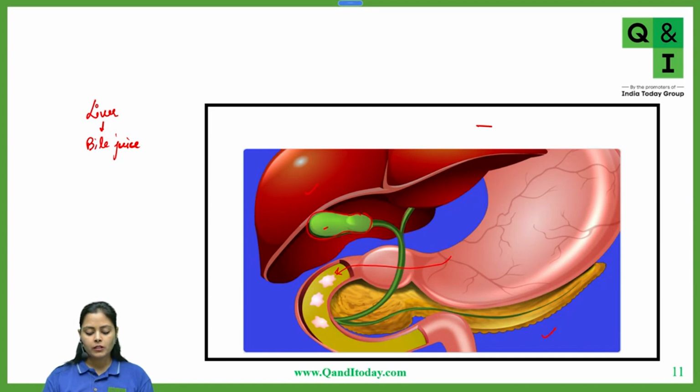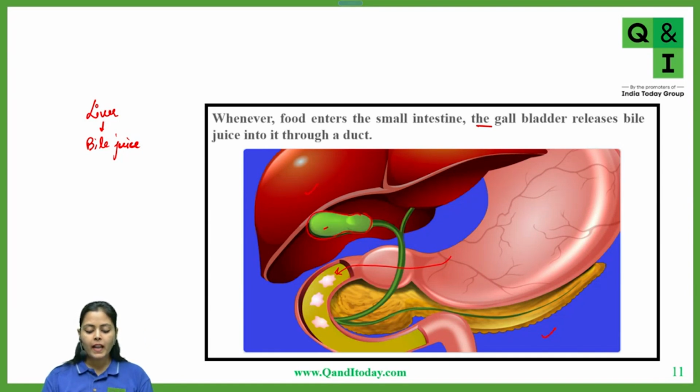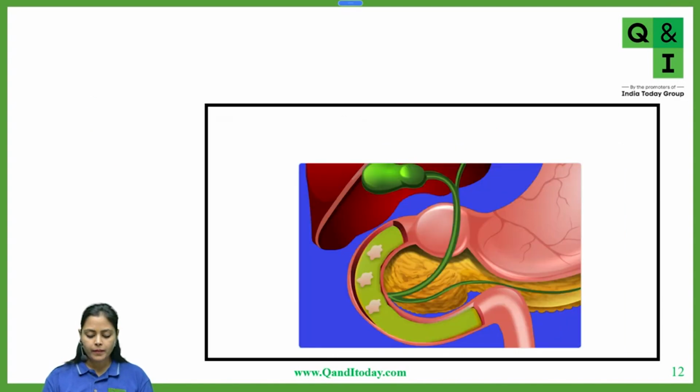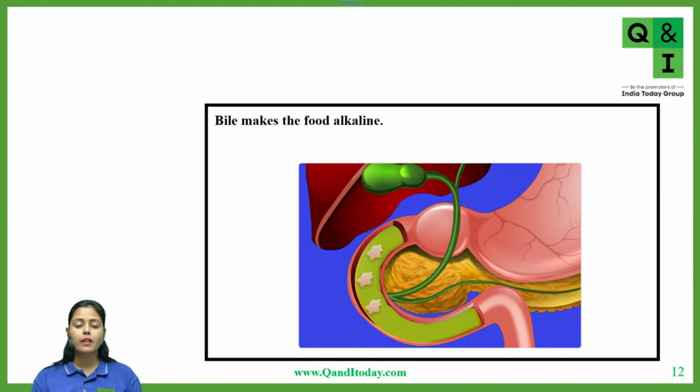So this is the gallbladder. Whatever food enters into the intestine, the gallbladder now releases bile juice into it through this duct. You can see the duct through which the bile is getting poured from the gallbladder into the duodenum. Now what will happen? Bile makes the food alkaline.